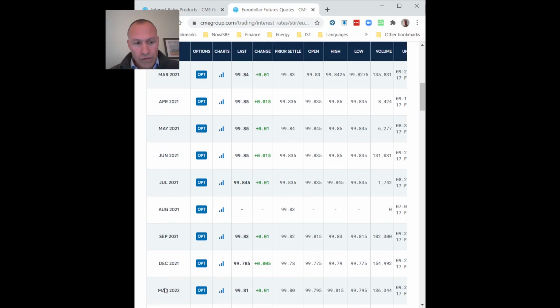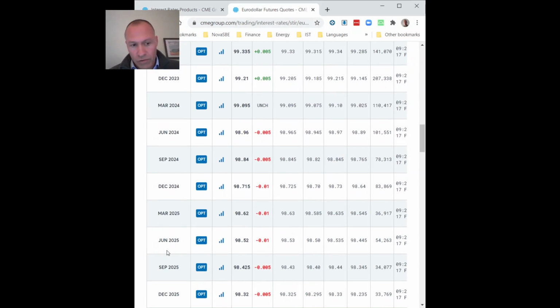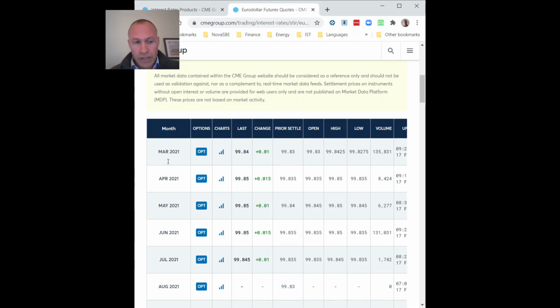A bunch of different futures that extend to several years. So it's a very long market. This future is for the 3-month LIBOR that starts in March this year. This contract is for the 3-month LIBOR that starts here, and so on.